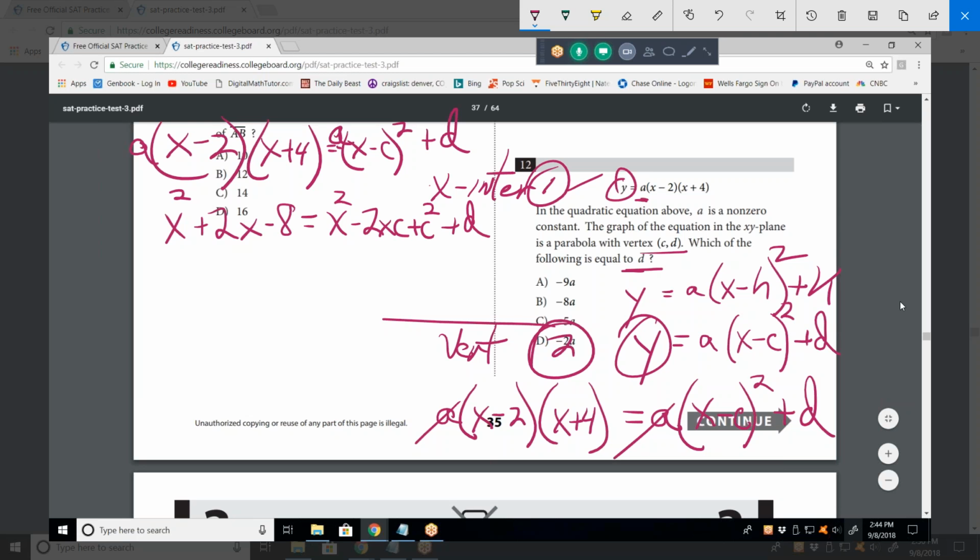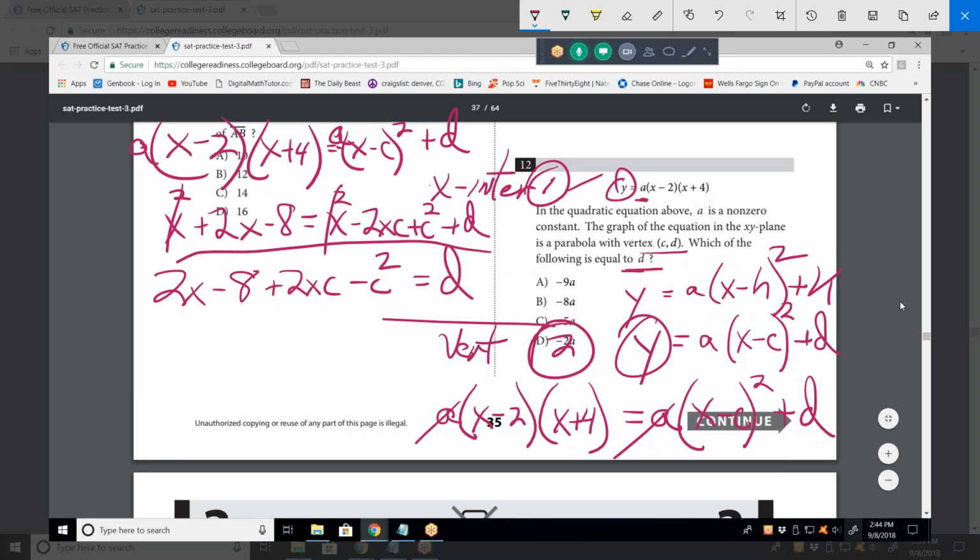So if I do cancel the a's out, I get this, and I get d equals 2x minus 8 plus 2xc minus c squared. That's what I get for d.